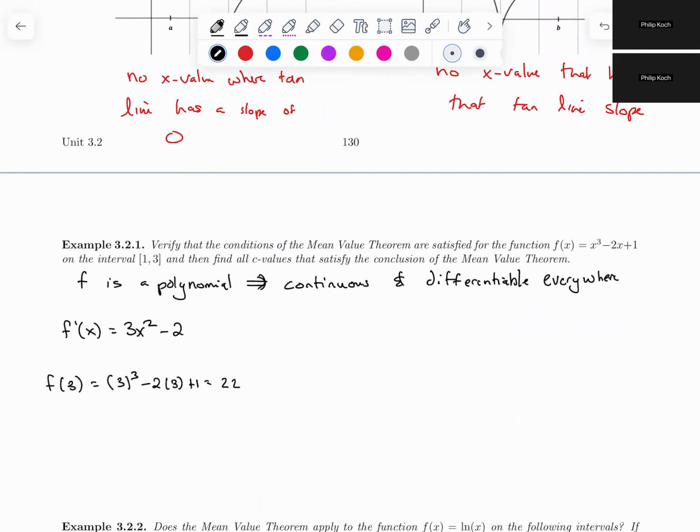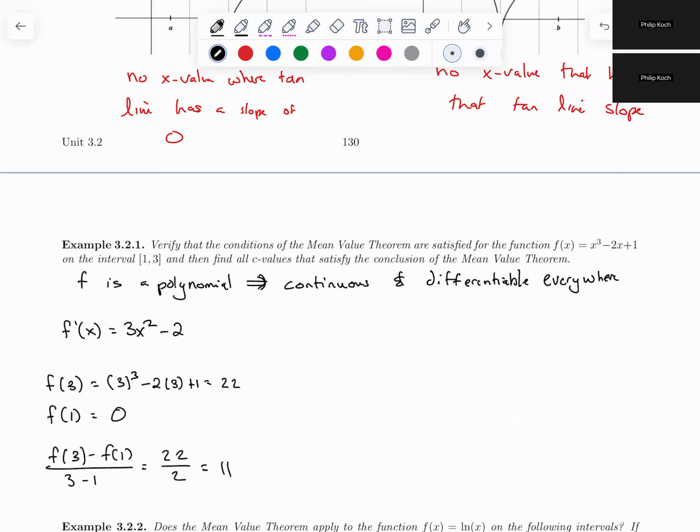And f of 1 is equal to 0. So f of 3 minus f of 1 over 3 minus 1 is equal to 22 over 2, which is 11. All right, so it looks like I'm doing some random stuff. I know that. I'm going to talk about what I'm doing in just a moment once you finish writing that down.